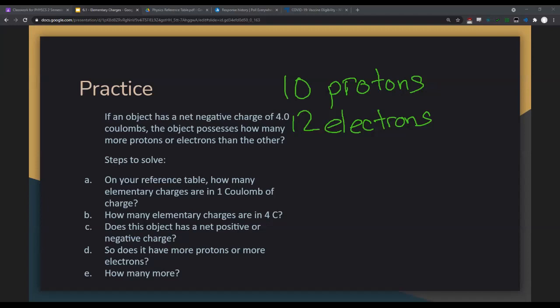In each of these scenarios that I gave you, the negative charge would still be 3.2 times 10 to the negative 19 coulombs. So these problems don't tell you how many protons or electrons you have. They tell you how many more of something you have over the other. That's what I'm trying to get at.